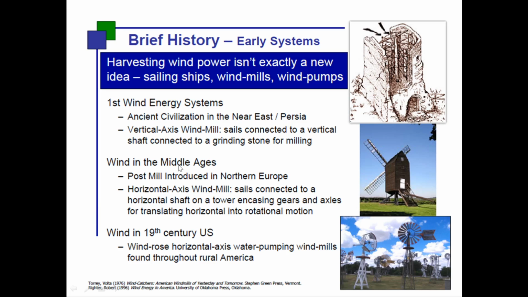Then in the Middle Ages it was converted to horizontal axis in Northern Europe. In 19th century United States, you can see modernized windmills, but still the height of such things was quite short. So, horizontal axis, water pumping windmills. For water pumping, they started using windmills.